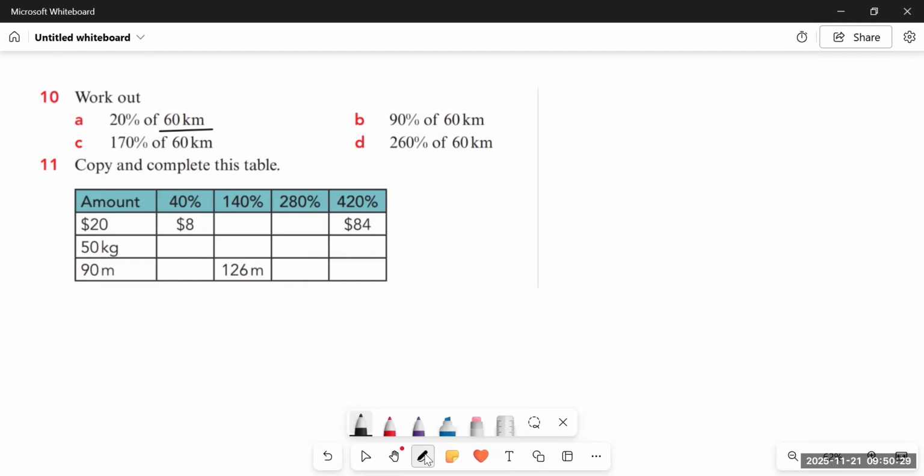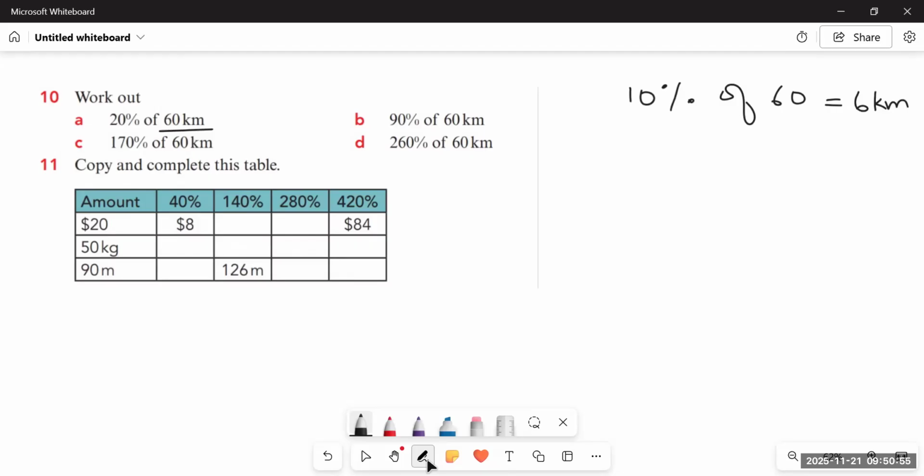In all these cases, the distance is 60 kilometers, and we are finding different percentages of 60 kilometers. So we'll simplify if we simply find 10% of 60, that would be 60 divided by 10, and that's 6. So 10% of 60 kilometers is 6 kilometers.